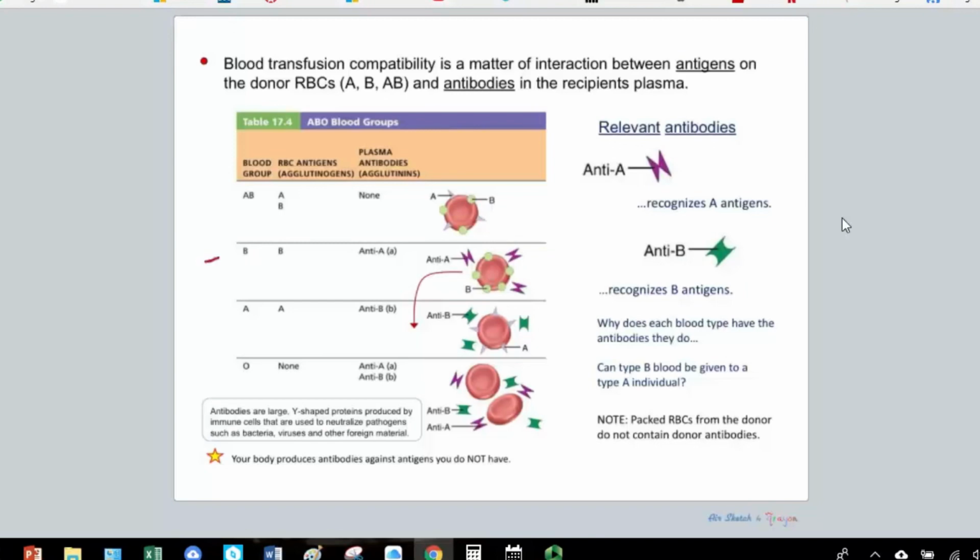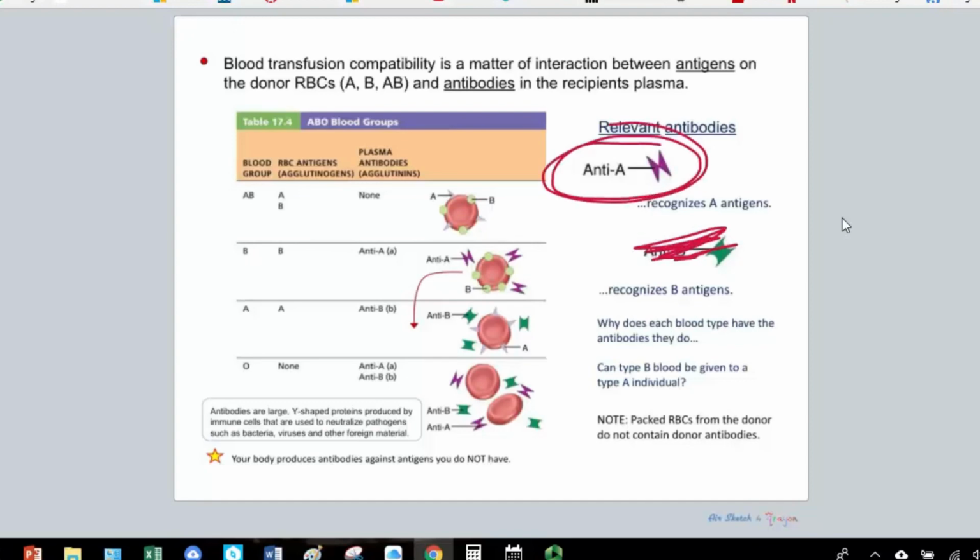Let's look at a type B individual. Type B individuals have anti-A antibodies. First of all, why do they not have anti-B antibodies? Well, we just answered that question, because if they had anti-B, it would recognize these B antigens there, cause an immune response, and we don't want that. So we know they don't have anti-B. Why do they have anti-A?